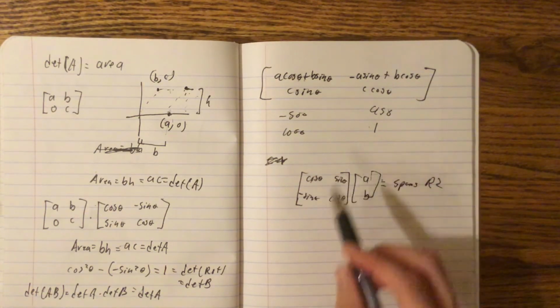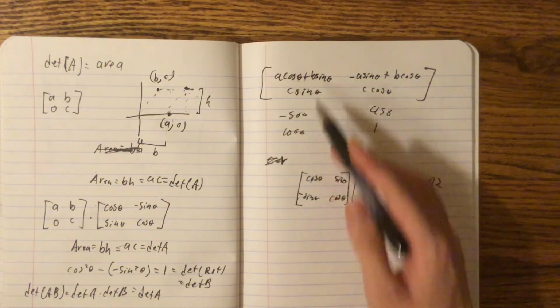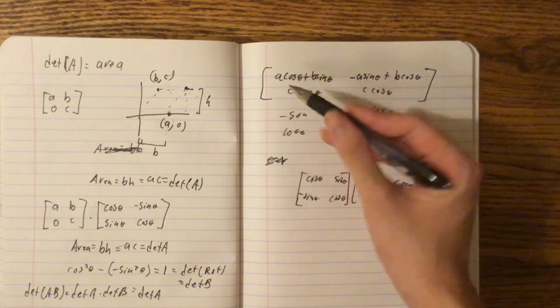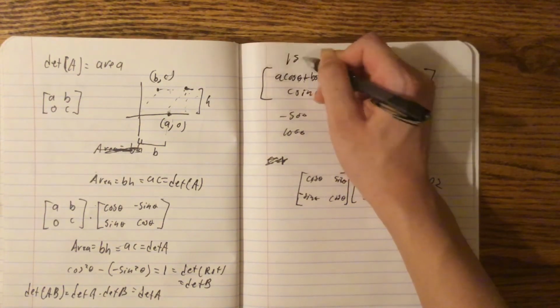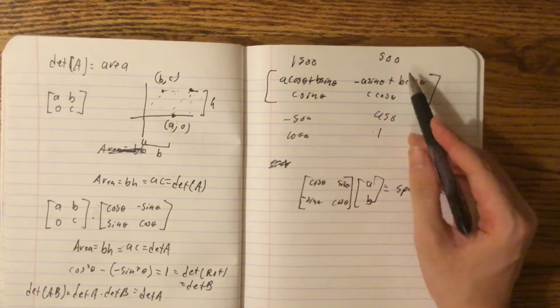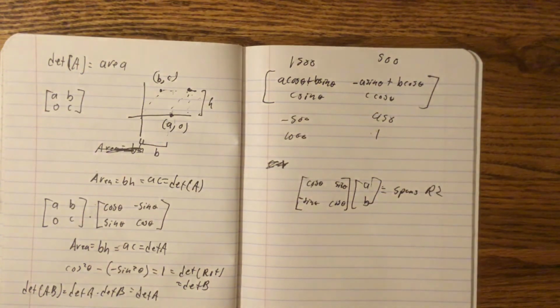Or in other words, this entry, in a sense, does not depend on this entry. So this entry can take on a random value like 1,500, and this entry can take on a value of 500. All right, I hope that made sense.